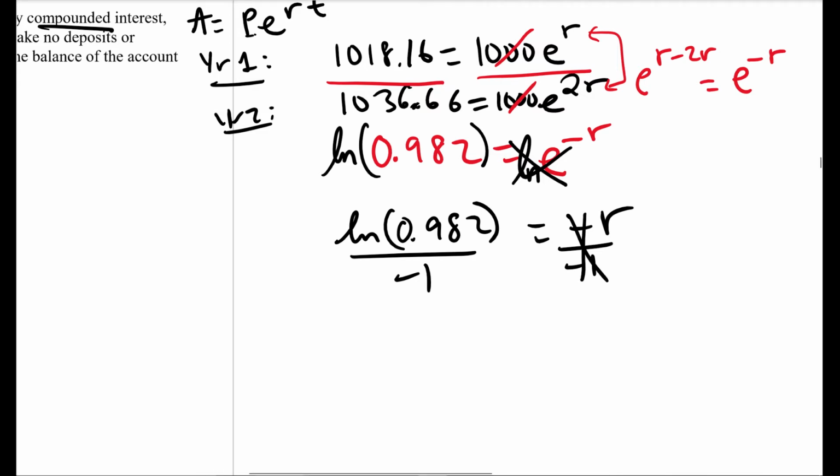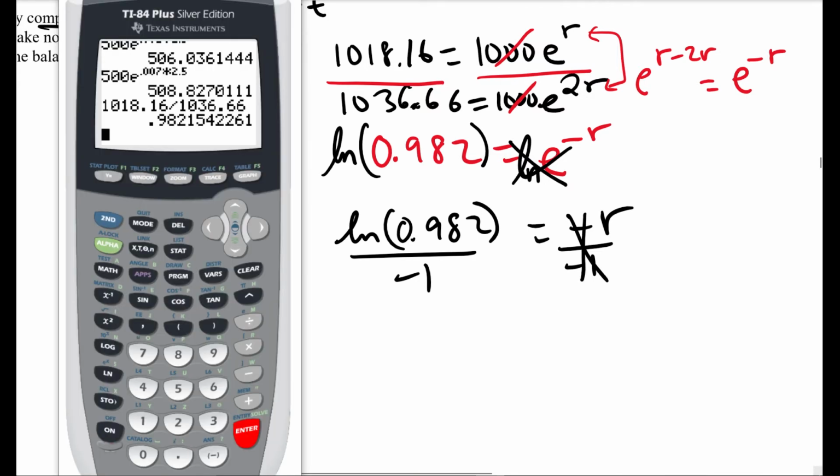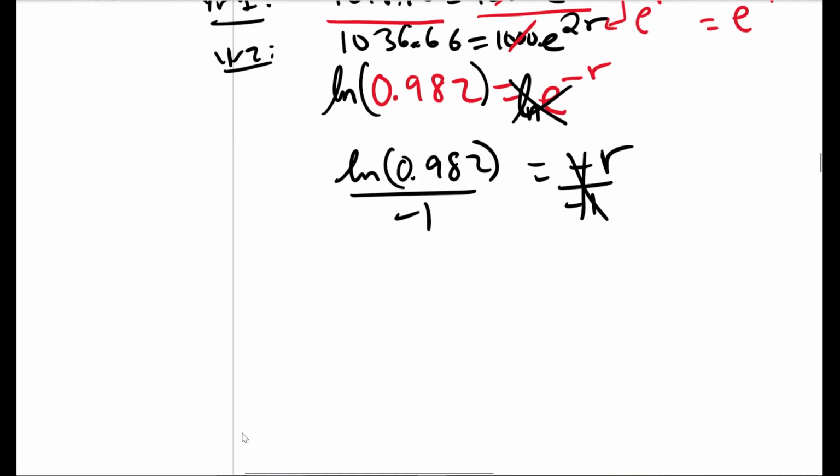So we're going to figure out what that is. So ln of the previous answer divided by negative 1. And that gives us 0.018. Okay, so my r is 0.018.